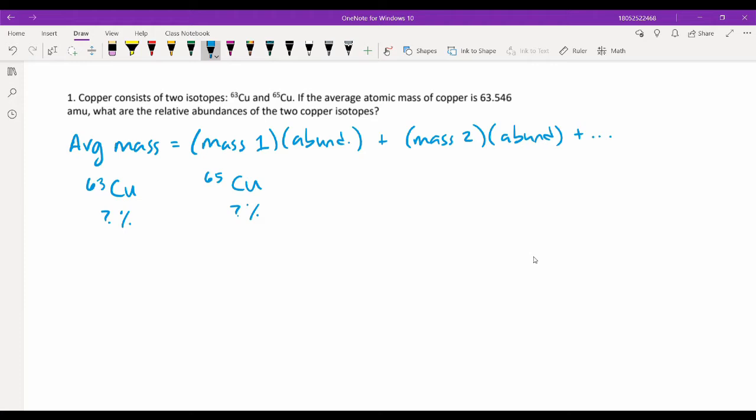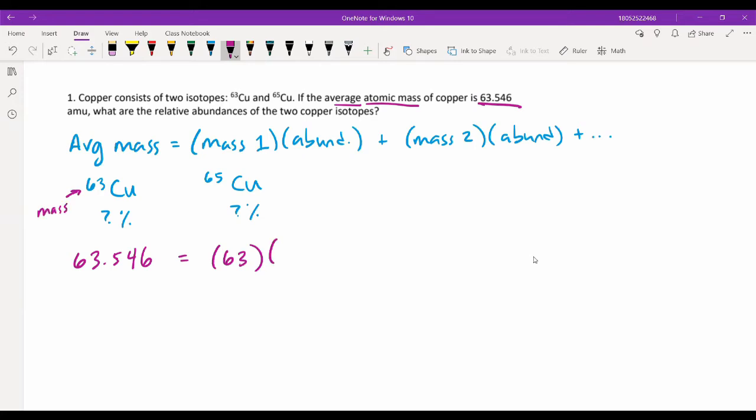So when we set up this formula, we know that the average mass is 63.546. So we can plug that in for our average mass. And then we know, and if we're not given a more specific mass, in this case, we're just going to use 63, because remember, this is the mass of a particular isotope in this upper left corner.